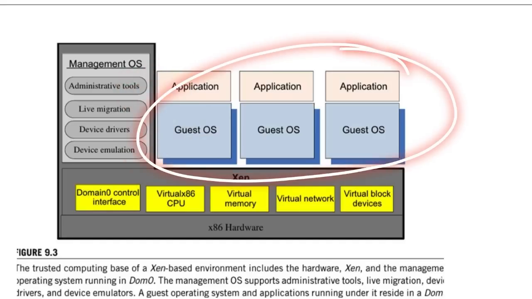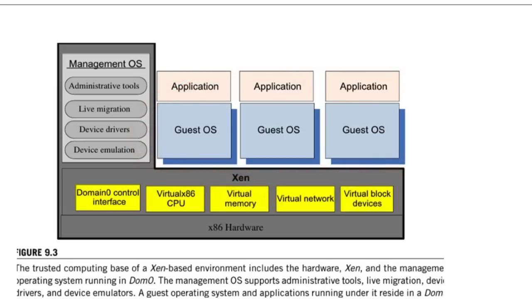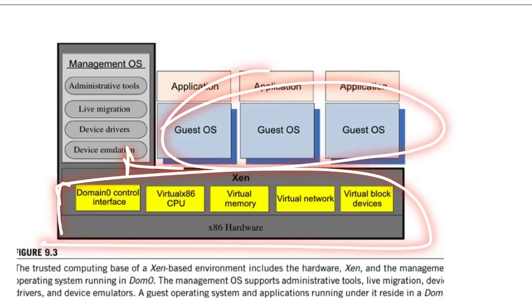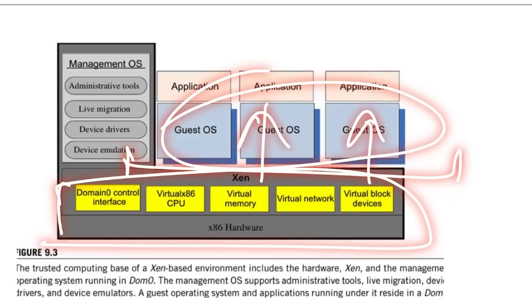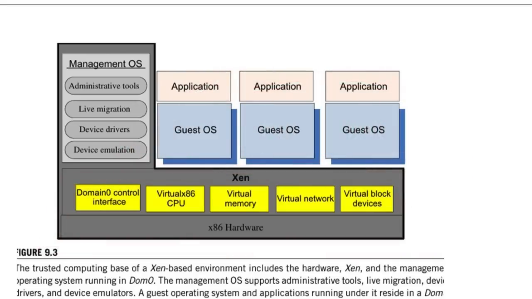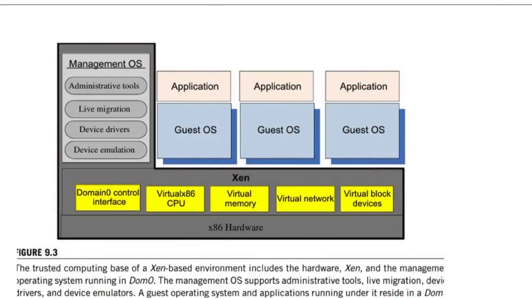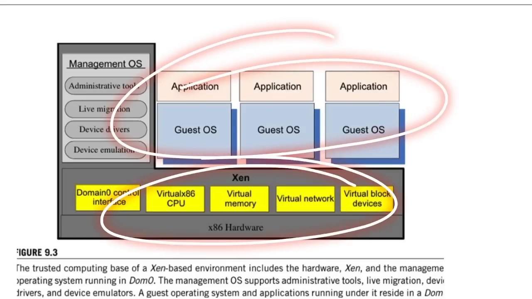Next, we have the DomU, the guest operating systems, the virtual machines running on top of Xen with their own operating system and applications. These should be completely isolated from each other by the hypervisor. So the security of this entire virtualized environment depends not only on the hypervisor but also on the security of the management operating system, and the communications between Dom0 and DomU are managed here.